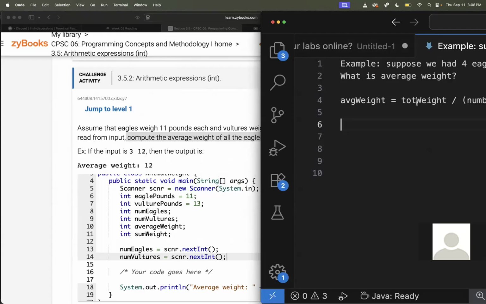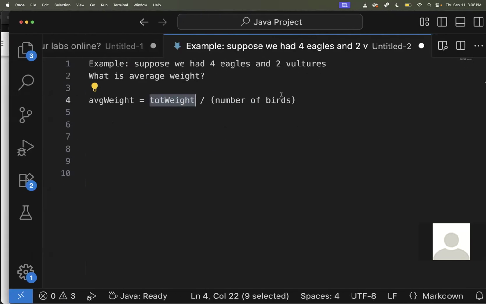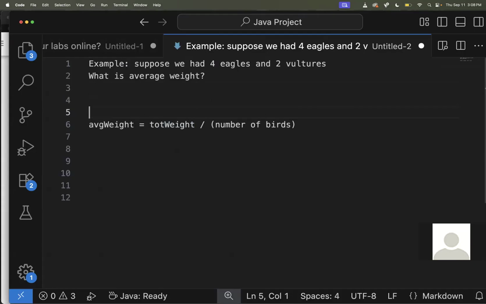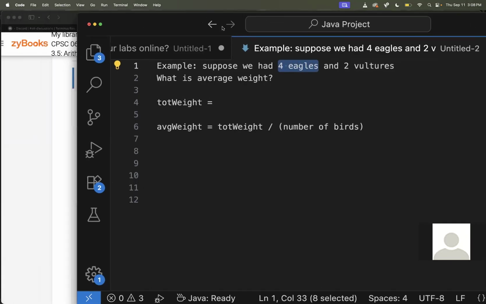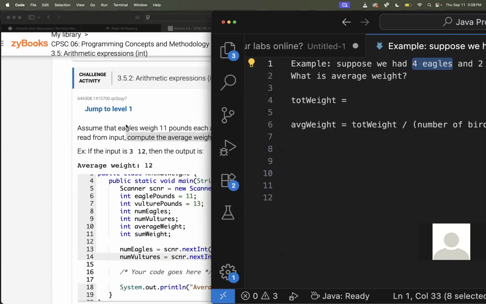Okay. And so we have to do the equivalent of that here. So the first thing we need to figure out is what is the total weight. And again, these are the wrong variable names, but the total weight would be if you had four eagles, and an eagle weighs 11 pounds.